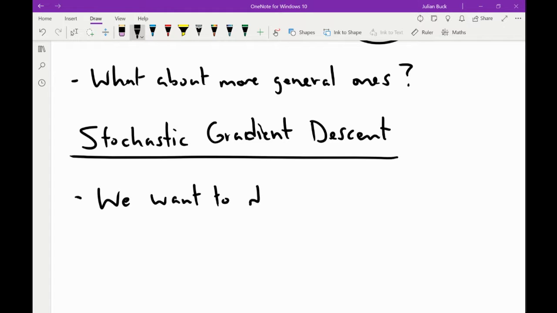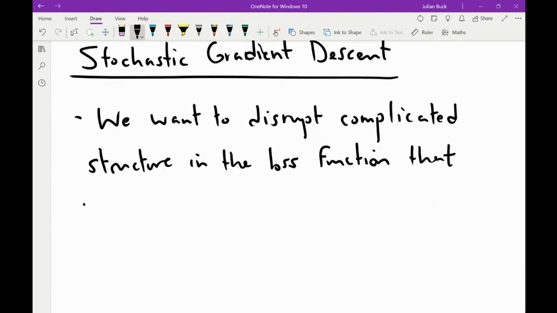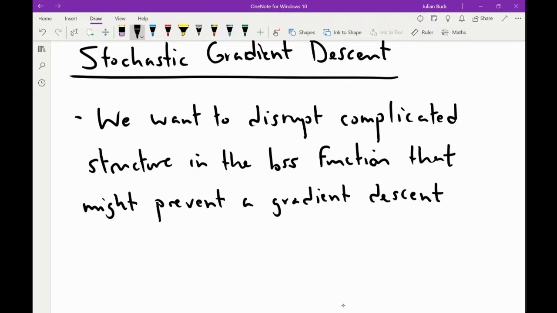So we want to disrupt complicated structure in the loss function that might prevent a gradient descent algorithm from reaching a global minimum.